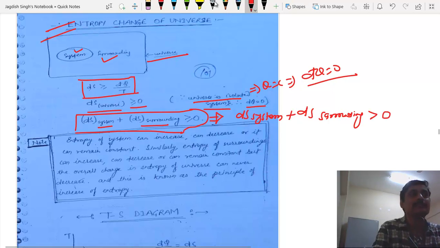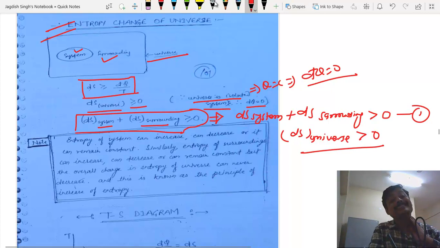Why? Because the equal sign will be removed from this equation, since the equality is only for a reversible process, and in the universe no process is reversible. Therefore this is important. In this condition dS universe is always greater than 0.